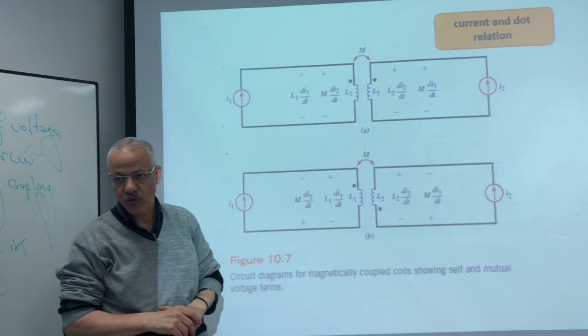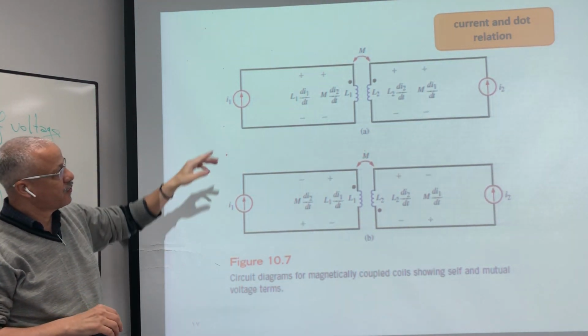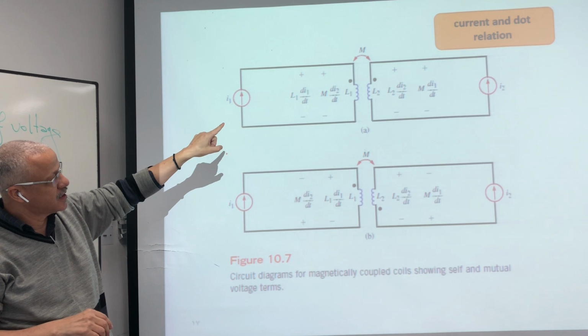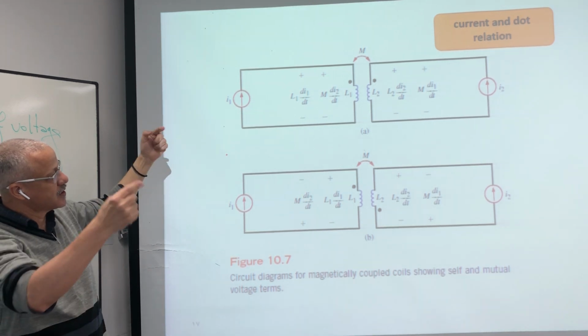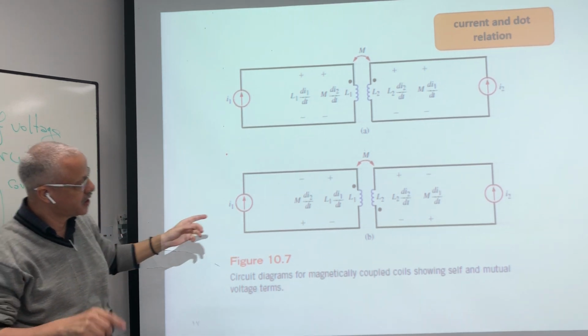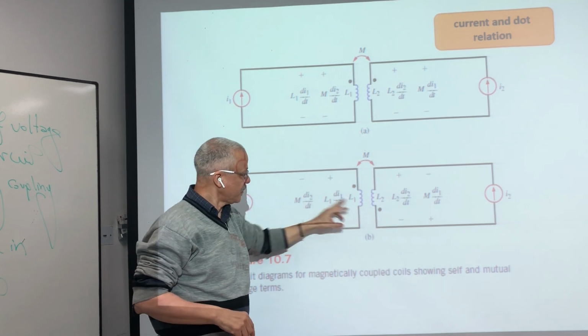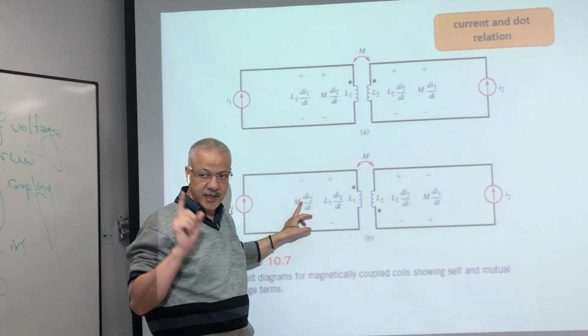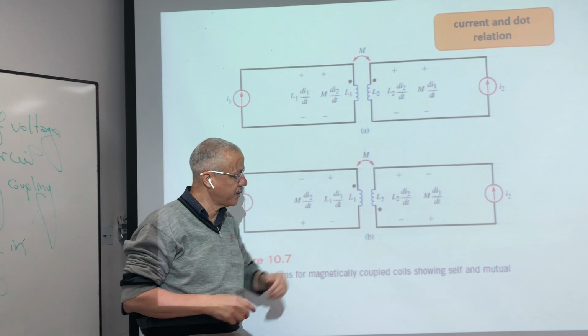So if we leave the same dots and the same currents, we can keep this equation. If we change the dots, we change only the mutual coupling here.